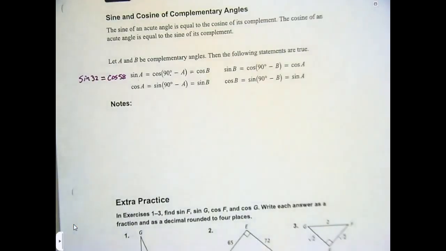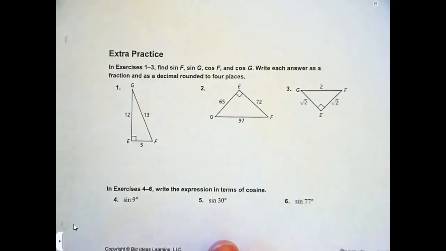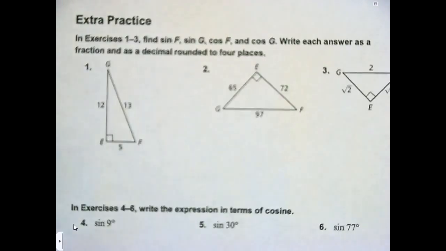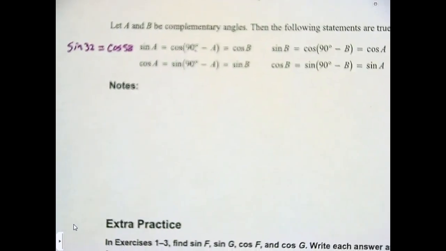Okay. So what I'd like you to do right now, take a look at number 1. We'll do number 1 together. Number 1 on the practice page 265. Find sine F, sine G, cos F, cos G. Write your answer as a fraction, as a decimal and rounded to 4 places. By the way, if you paid attention right up here, that's going to cut your work in half on the bottom there.